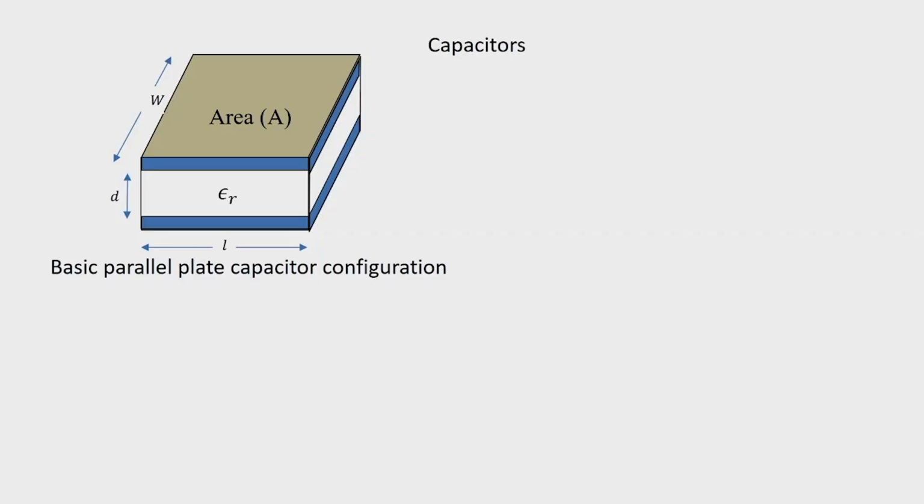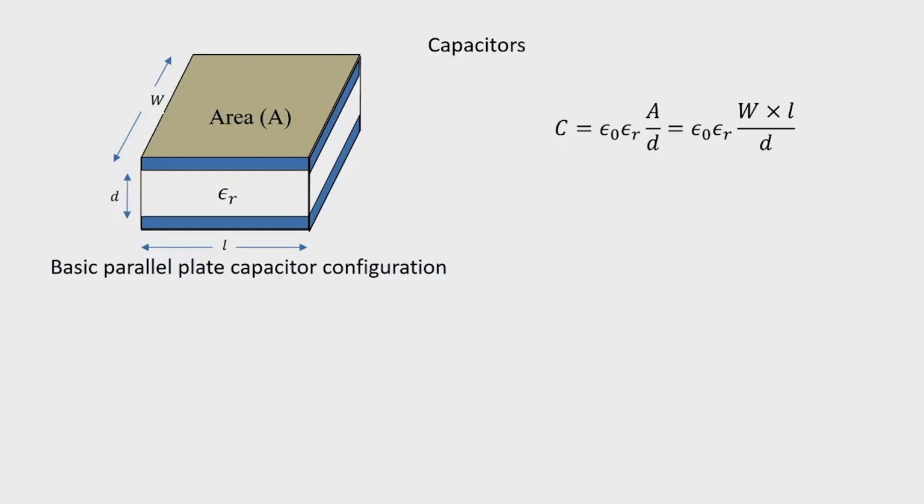So, we are showing a basic parallel plate geometry where we have two metallic plates of area A. They are separated by a distance d, and in between these metallic plates we have a dielectric of relative permittivity epsilon r, and therefore, the capacitance is given by epsilon naught epsilon r A by d, which can be written as epsilon naught epsilon r W L, width and length of the plate, divided by d.